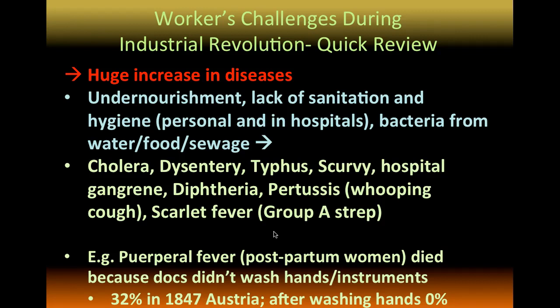And surprise, surprise, the mortality rate from child bed fever, which is another name for puerperal fever, declined to 0. Out of over 1,000 cases, nobody died because doctors washed their hands. What a shock.